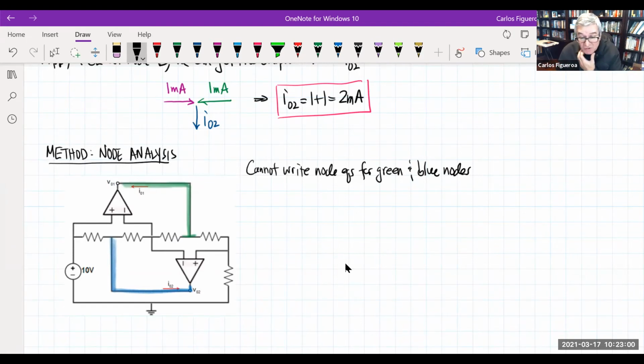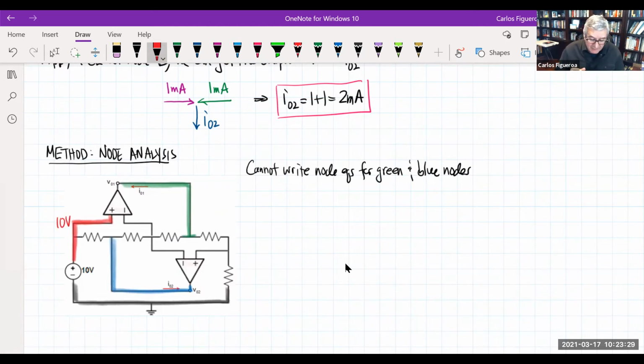Well, there are two nodes that we already know. One of these is, of course, the ground. And I know what this node is right here. If I stay with the same color scheme, I know that this node is 10 volts.